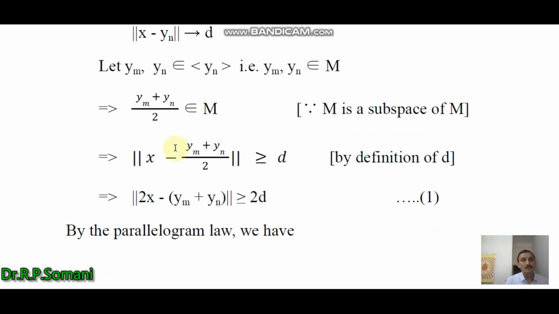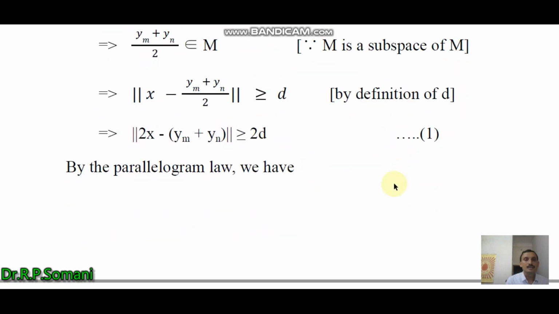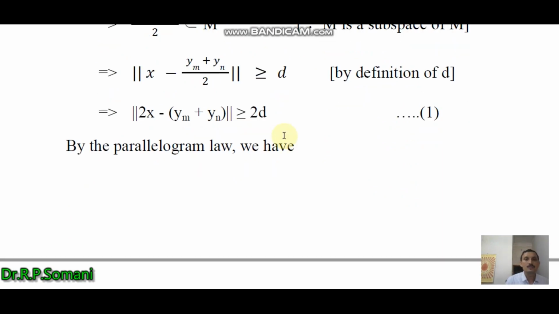So then this implies norm of x minus (ym plus yn)/2 is greater than or equal to d by definition of d, and then this implies norm of 2x minus (ym plus yn) is greater than or equal to 2d.